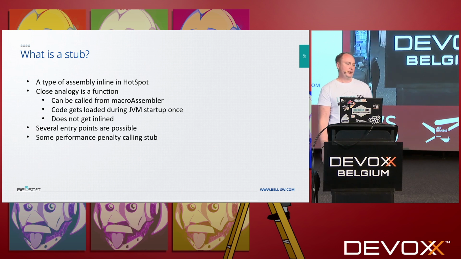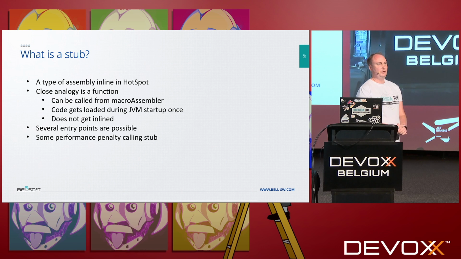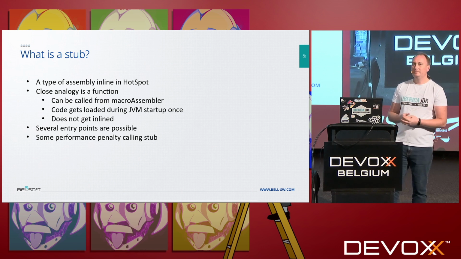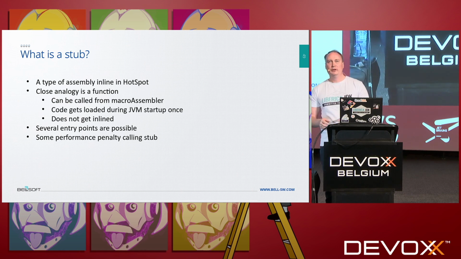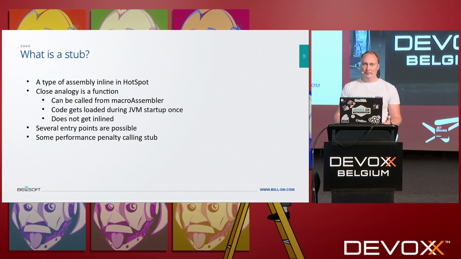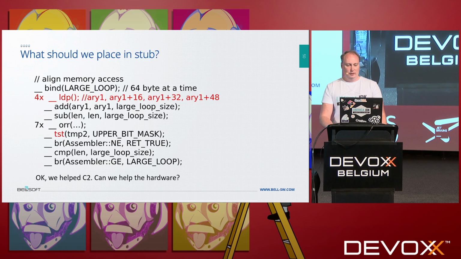The stub is a function that is generated during HotSpot start. So it's platform-specific code generated in one place, and then you jump there from your JIT-generated code. And in that stub, all the complex logic exists, like alignment, overlapping reads, all the tricks.